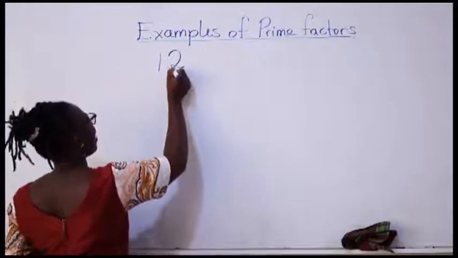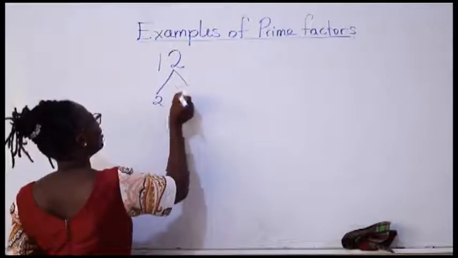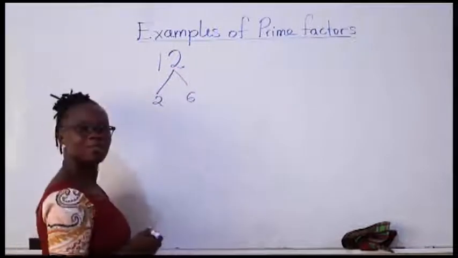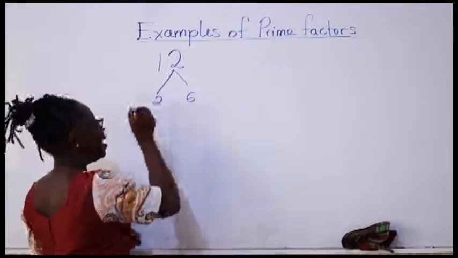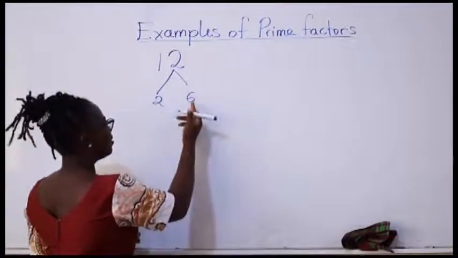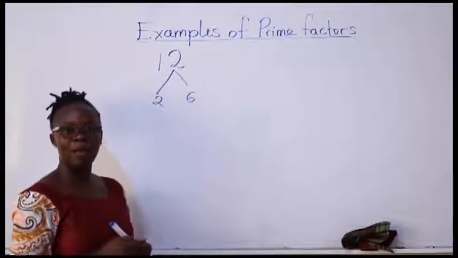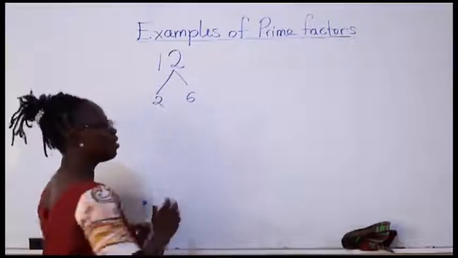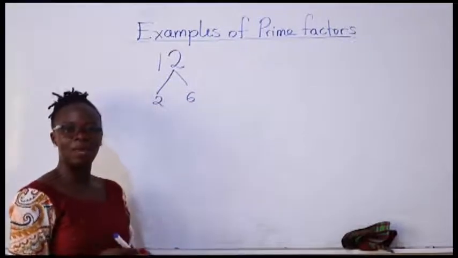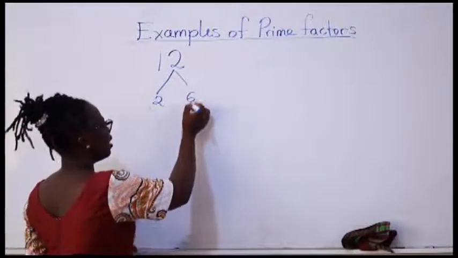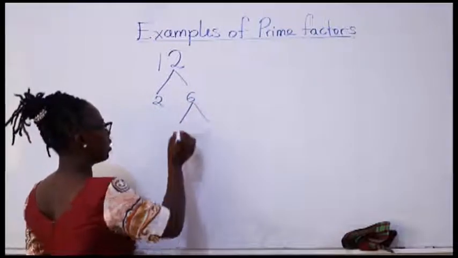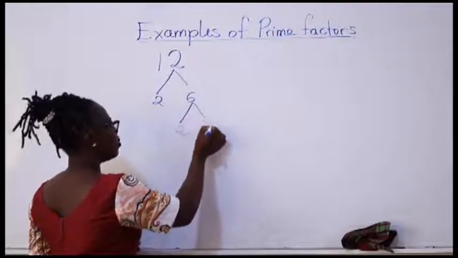So I have 2 times 6. You know 2 is a prime number, but 6 is not a prime number. So we ask ourselves, can we simplify 6 as well? Yes, we can. We can simplify 6 to get 2 times 3.